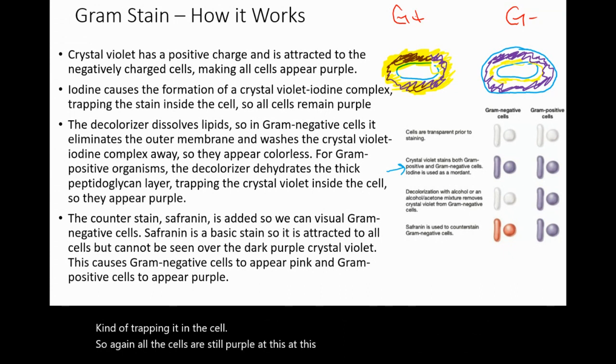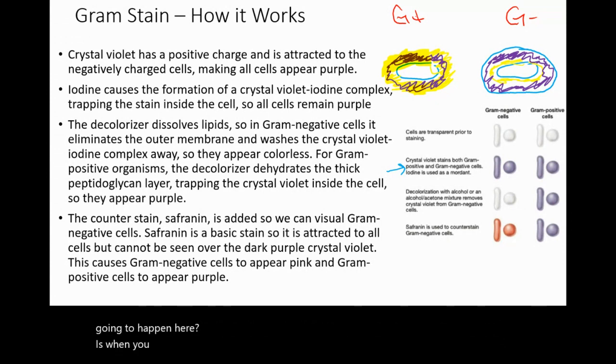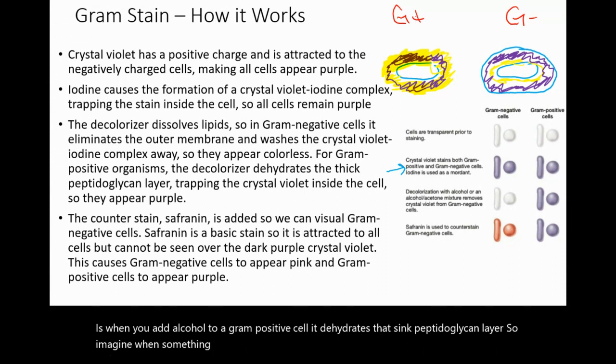The decolorizer is where things change, because the third step, the decolorizer step, is the differential step. Because what's going to happen here is when you add alcohol to a gram-positive cell, it dehydrates that thick peptidoglycan layer. So imagine when something dehydrates, it kind of shrivels a little bit.